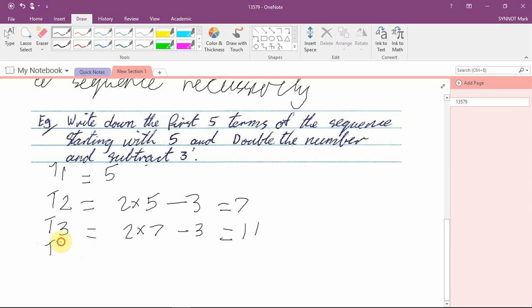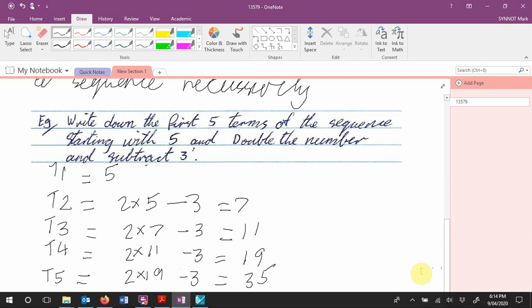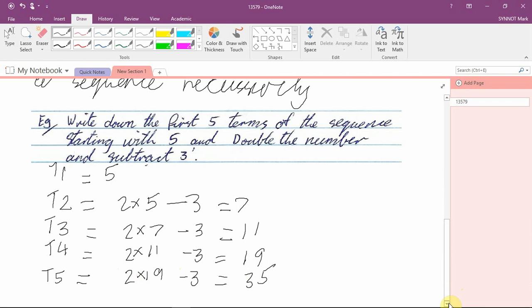Term 4, let's double that number, so 2 times 11, take 3. 22 take 3 is 19. And finally we get to term 5, which is the one that we're after. And that's 2 times 19, take 3. 2 19s are 38, take 3 is 35, is the final answer that we end up with.